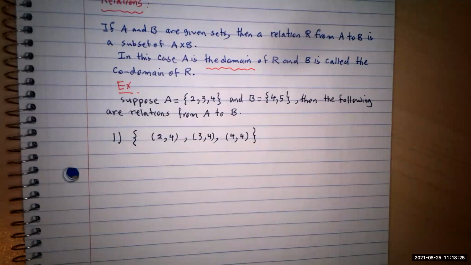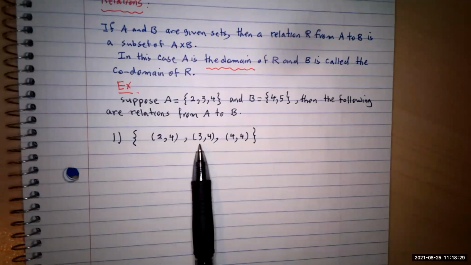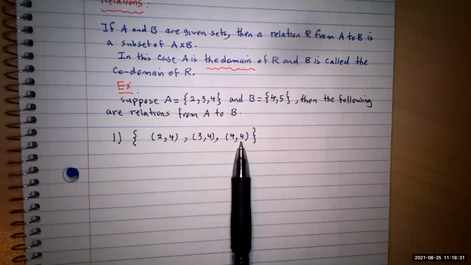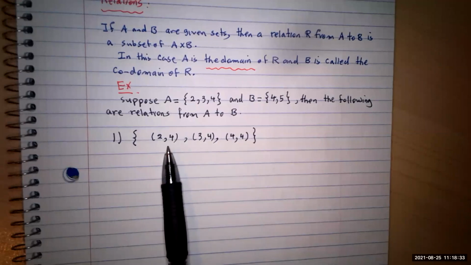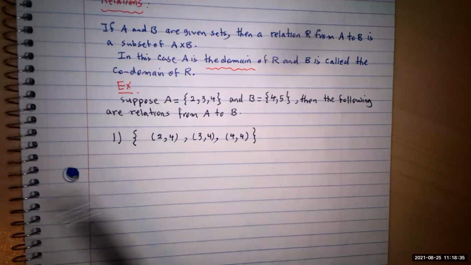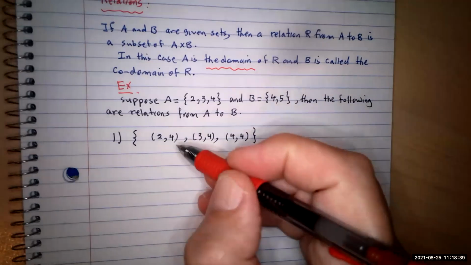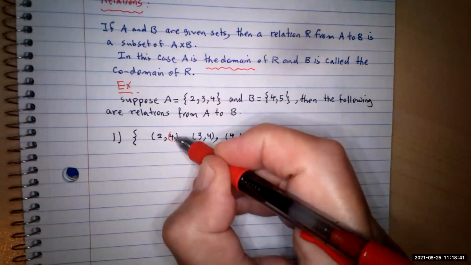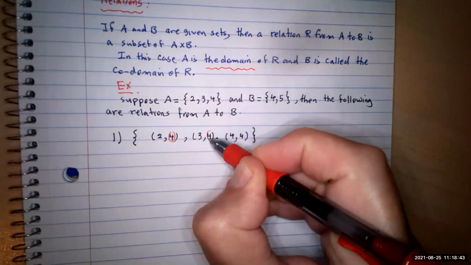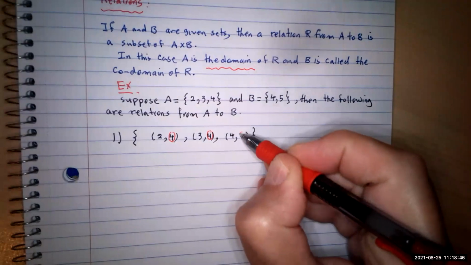Now let's see what is special about this relation. You see in this relation, everybody is related to the 4. So in this case, the second components, the second coordinates, are all the same.